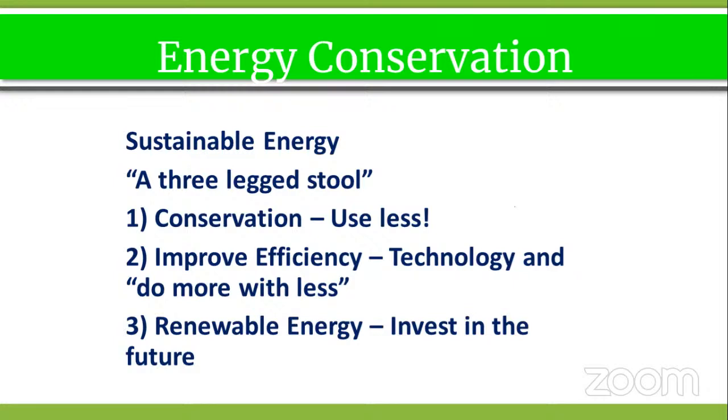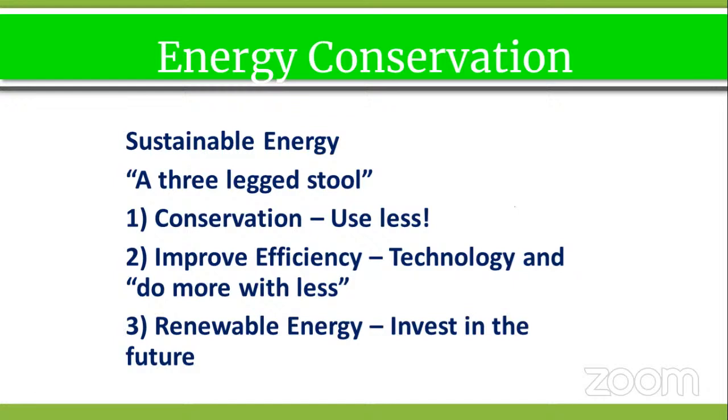This is happening. So that is technology transfer, as simple as it is. When a door is open, the light automatically comes on. When the door is closed, the light automatically switches off. It's a technology doing more with less, which is going to improve the efficiency as well. The switching on and off efficiency is going to be improved. And sitting on renewable energy, so invest in the future.